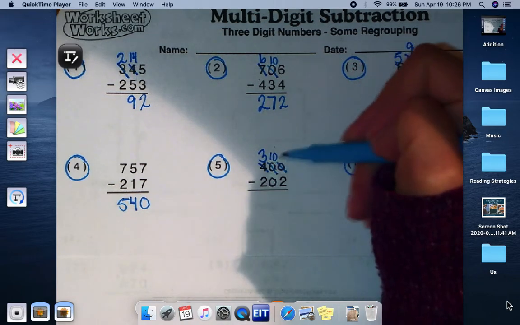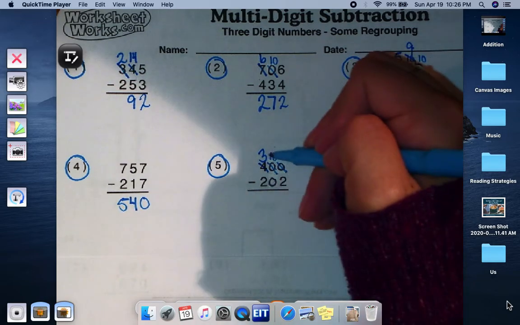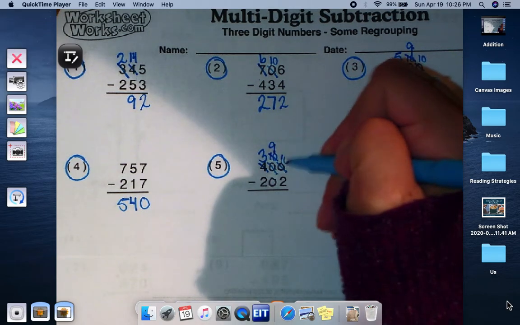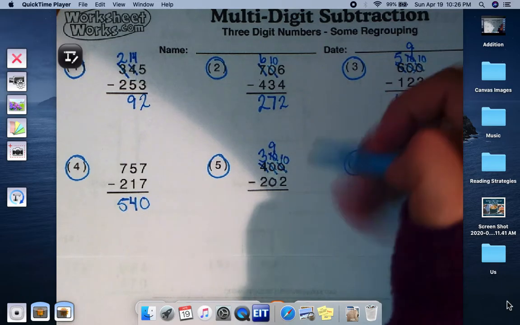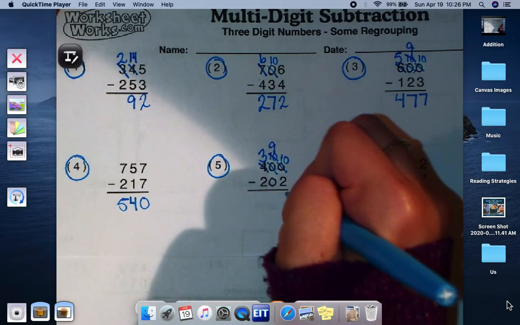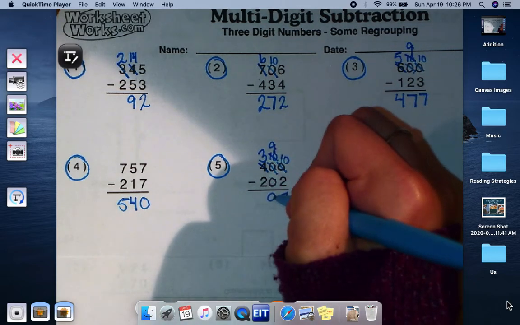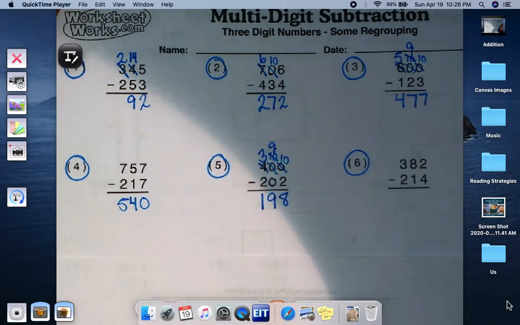But again, nothing has been brought to the ones column yet. So I have to borrow from this 10 and make it a 9 for the ones place 0 to become a 10. 10 minus 2 is 8. 9 minus nothing is 9. And 3 minus 2 is 1. 198.